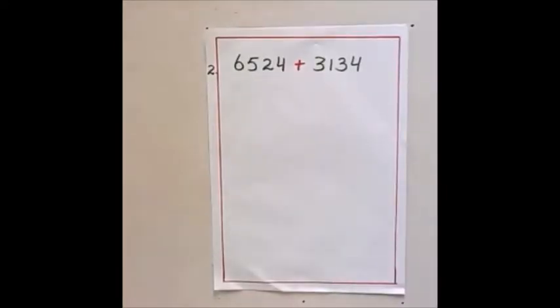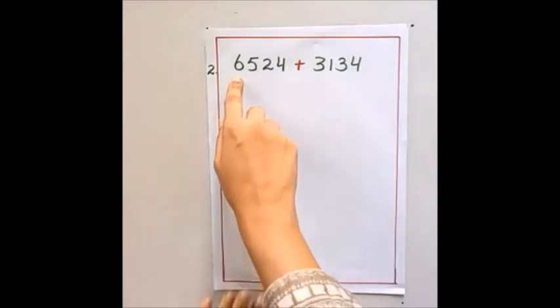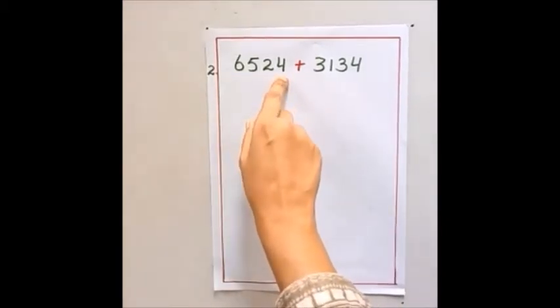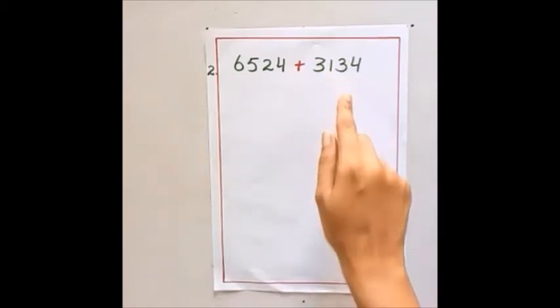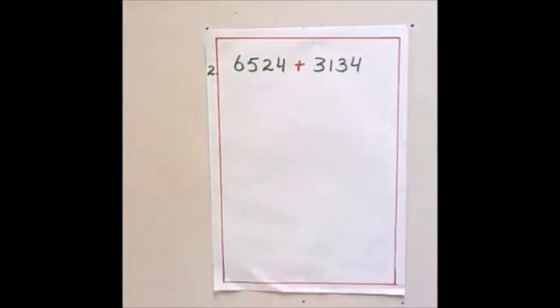Children, now let's proceed to add the other two numbers, and those are 6524 and 3134. So let us write the numbers.